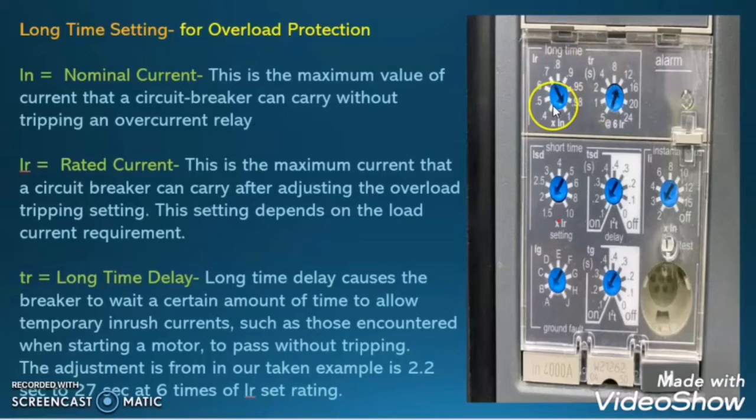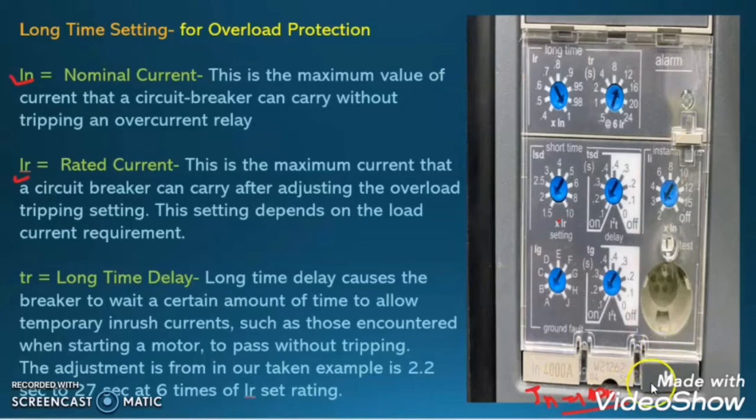Let me give you an example to better understand the difference between the nominal current and the rated current. Suppose this air circuit breaker has a nominal current of 1000 ampere. Just for simplicity, I am taking an easy numeric value.